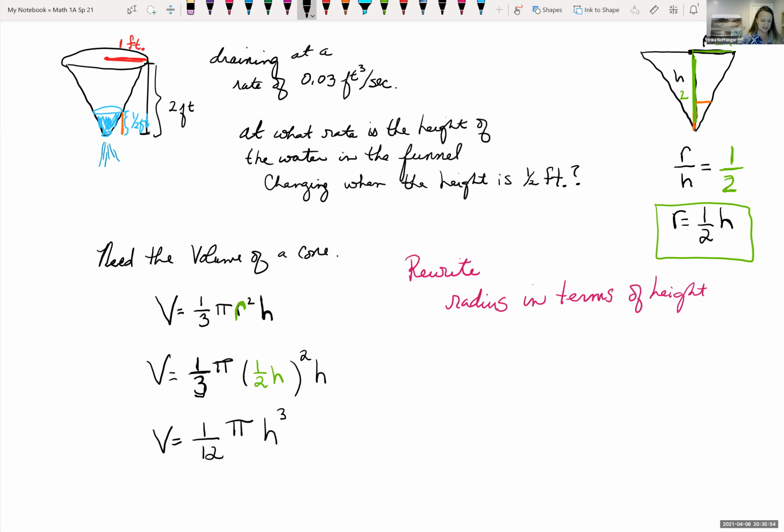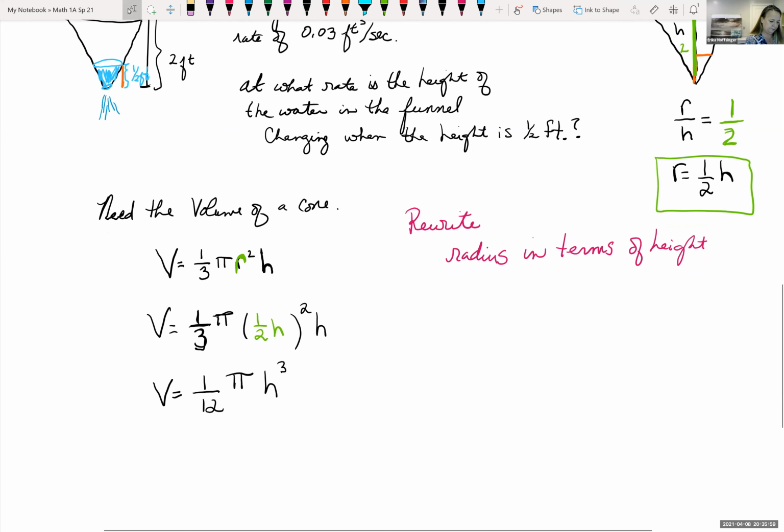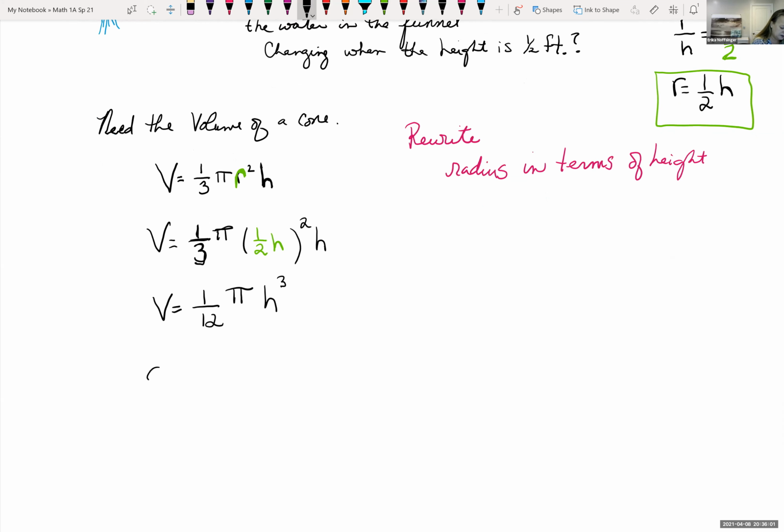So now let's take the derivative of both sides. So dV dt, the rate of change of our volume, is equal to 1 pi 12ths. And then taking the derivative of H cubed, we get 3H squared times the derivative of H with respect to time, dH dt.